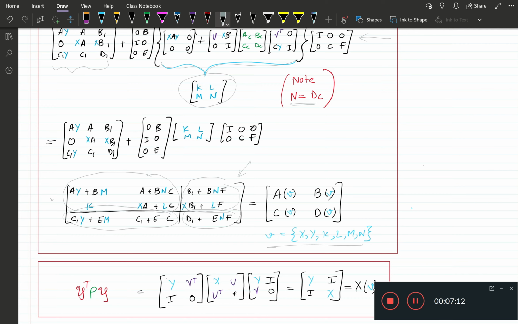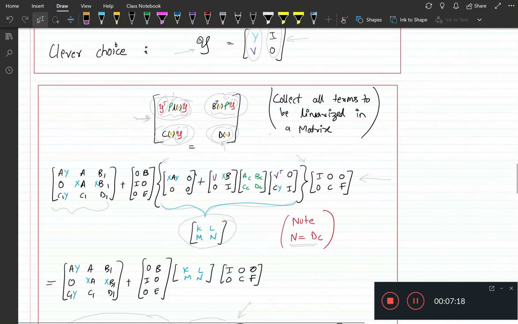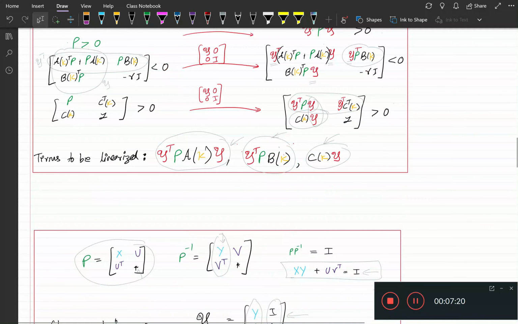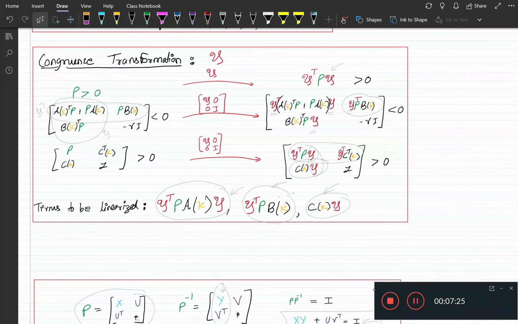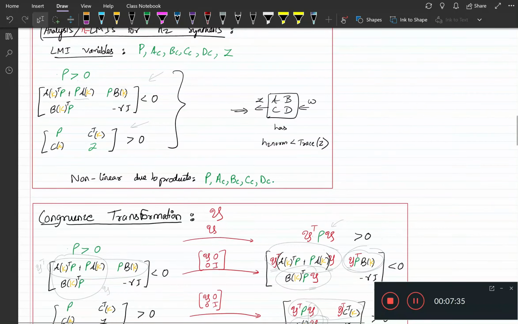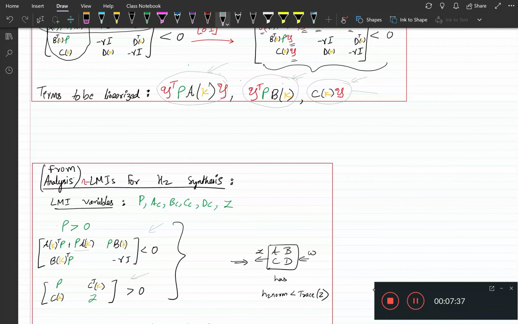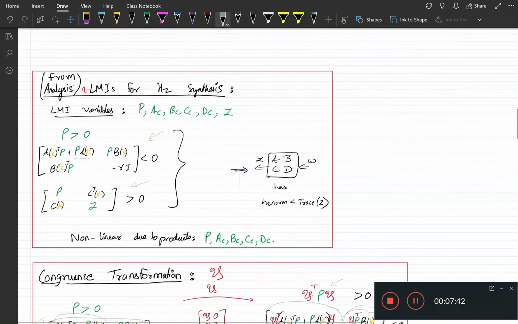So now what we've essentially done is that if we go back to the matrix inequalities, we've made a clever choice of y so that these terms are all linear in the new variables v, for H2 and also for H infinity synthesis, because essentially the same terms appear in both the problems.